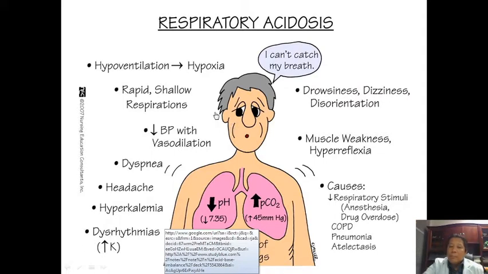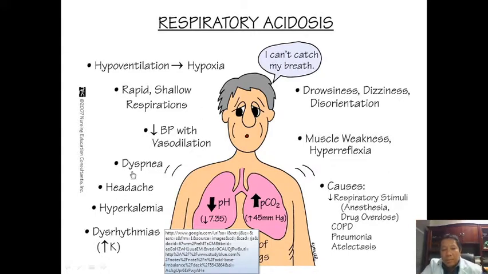Okay. So, in a patient with respiratory acidosis, a lot of times you will see rapid and shallow respirations, and because the patient is retaining carbon dioxide, remember I told you carbon dioxide is a volatile acid. It's a potent vasodilator, so it will dilate the blood vessels, causing a drop in the blood pressure.